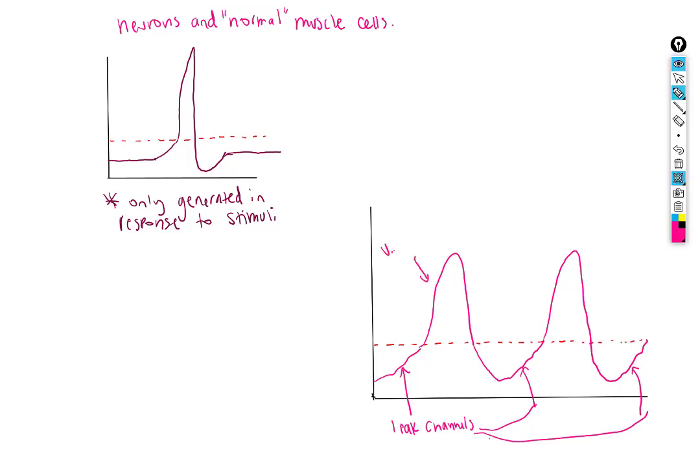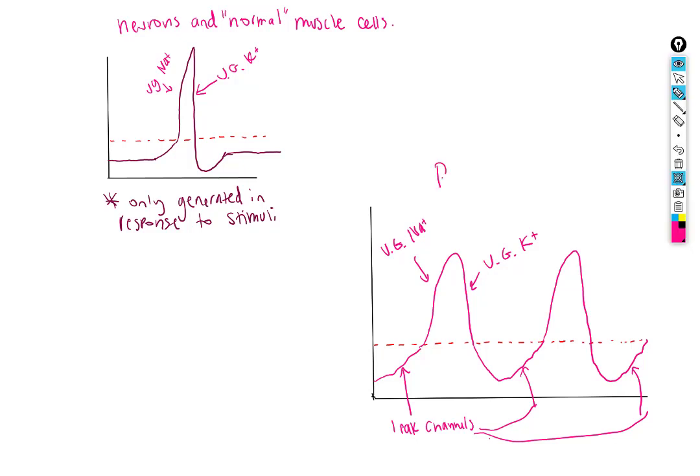So this is voltage-gated sodium channels, and this is voltage-gated potassium channels, just like over here. So there are some similarities, but the major difference is the spontaneity. So no stimulus required. The cells just spontaneously depolarize because they're leakier and they drift towards threshold a lot.